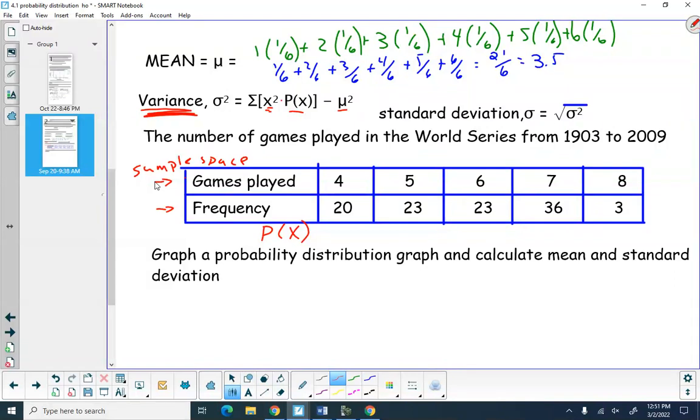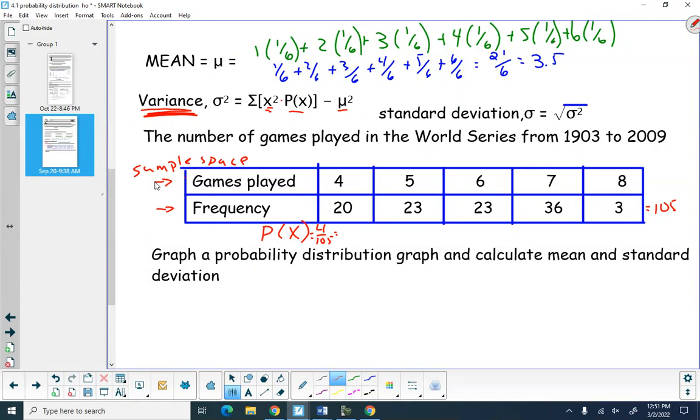If I take a look, we have a total of, let's see, 20 plus 46, 36 plus... We have a total of 105 games. The probability of having 4 games goes back to our probability of favorable outcomes over total number of outcomes. So we have 4 out of the 105.